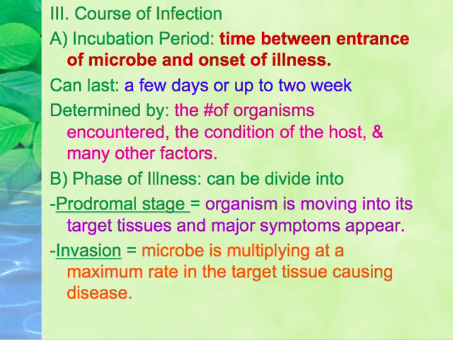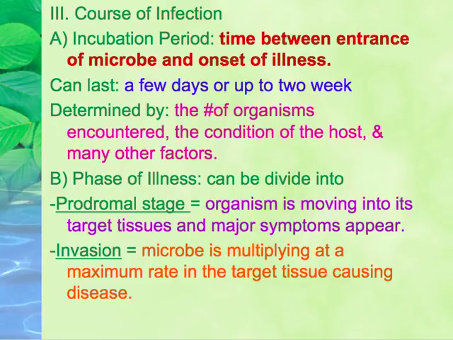And so basically what's happening is this is where the organism is moving into its target tissues and the major symptoms appear, okay? That would be considered the prodromal stage. In the invasion stage, the microbe is multiplying at a maximum rate, exponentially, in that target tissue, causing disease.